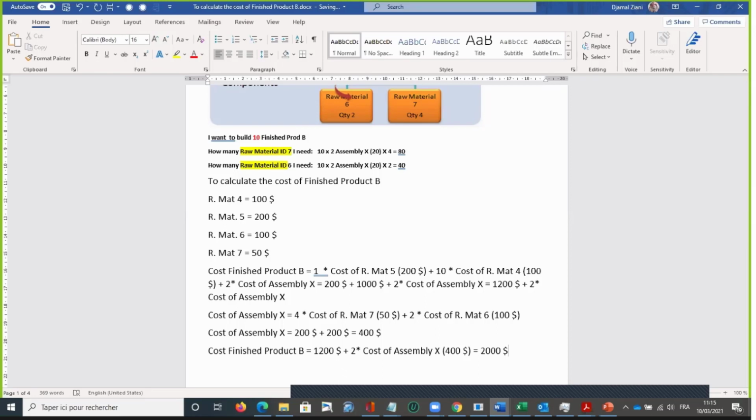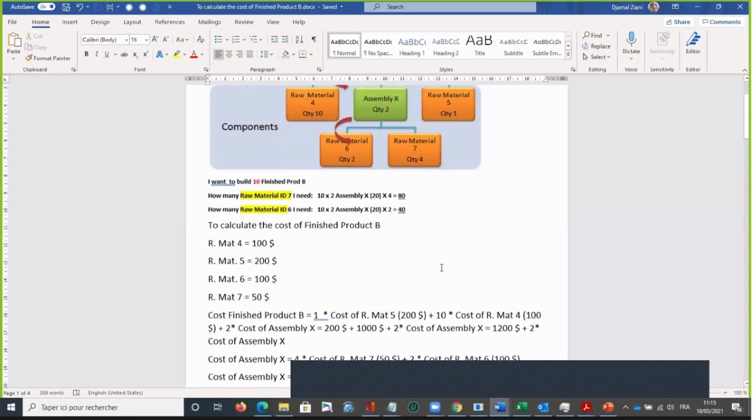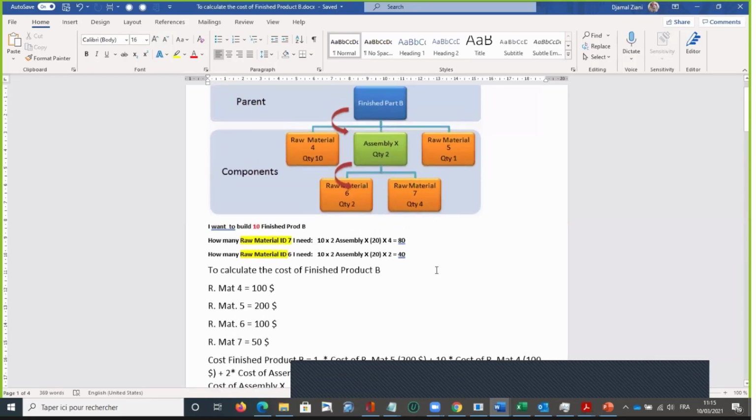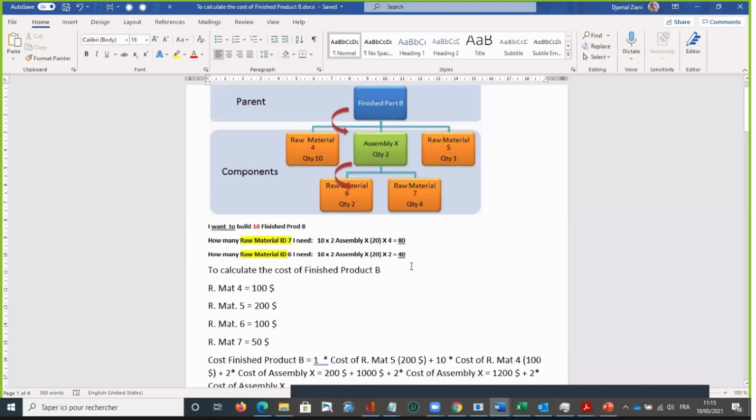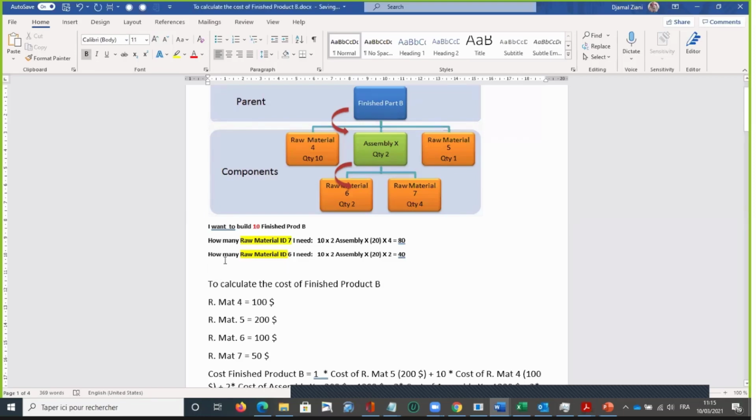Okay. Doctor, I have a question. Yes. For the previous questions, if I want to calculate how many raw material for assembly X, it will include raw material 6 and raw material 7 or not? No, for assembly, if I ask you assembly X, you just put the assembly X. For example here, I will take this one and then replace it.